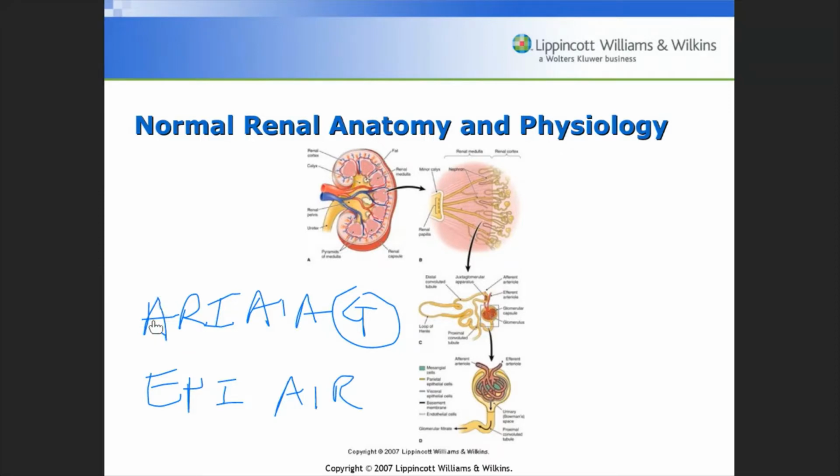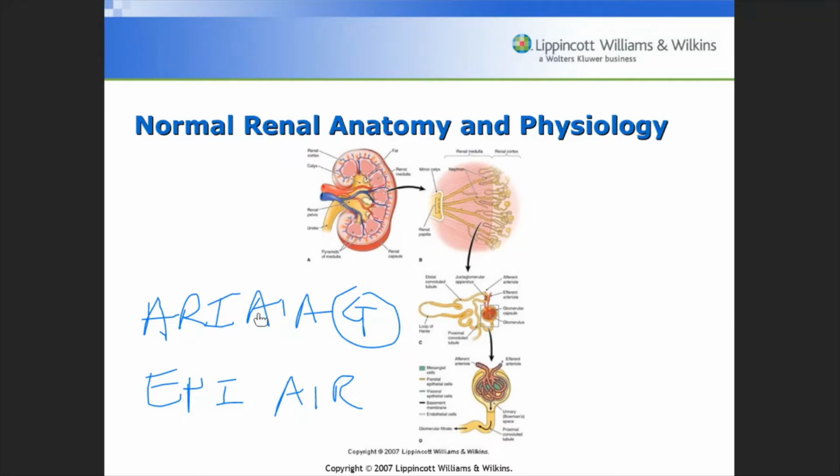A here is for aorta. Aorta brings blood into the renal artery. The segmental artery is the next segment, but then you have the interlobar arteries, and these lead into the arcuate.